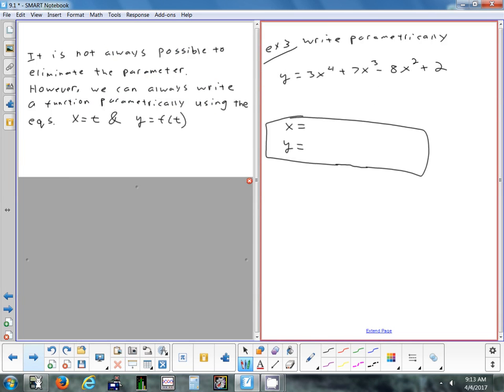Okay, so we'll try that here. I want to turn that equation into parametric. So what did I say to let x equal? Just let x equal t. And then what would your y equation become?